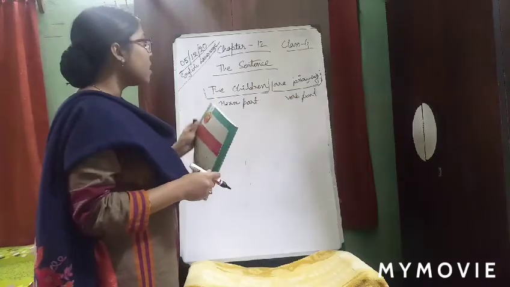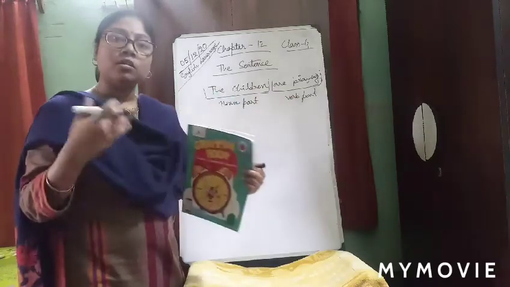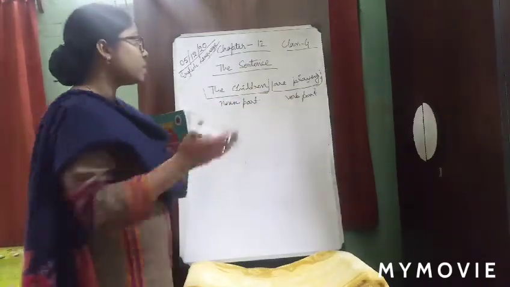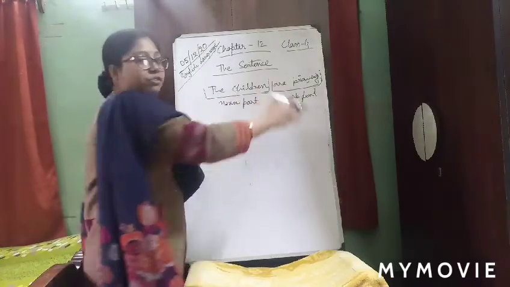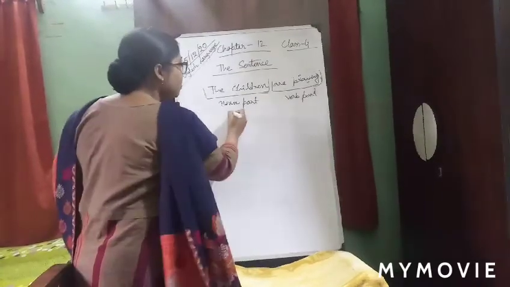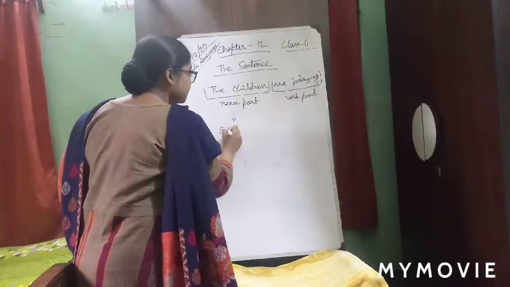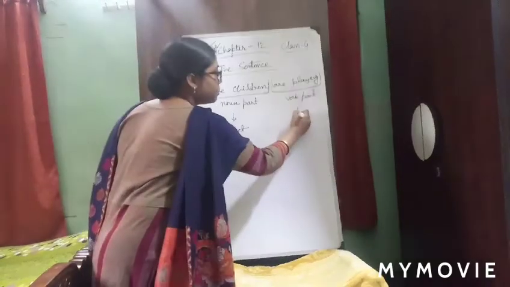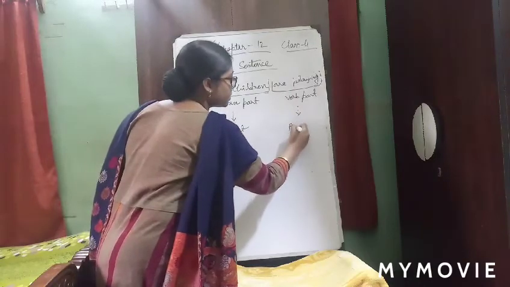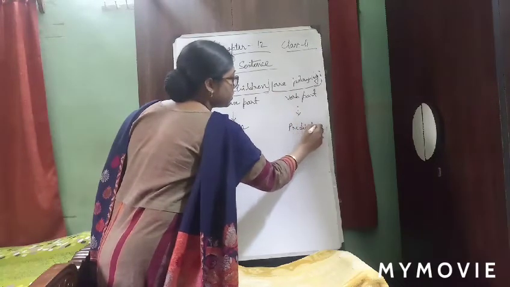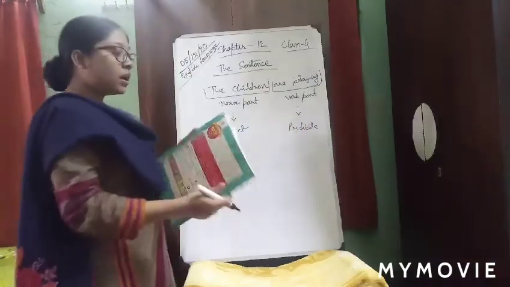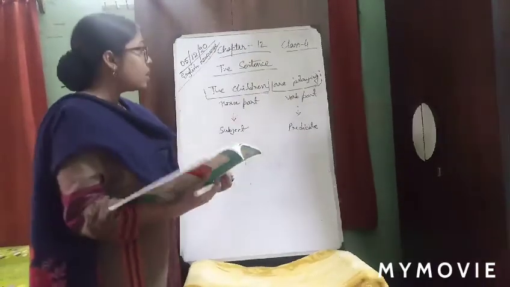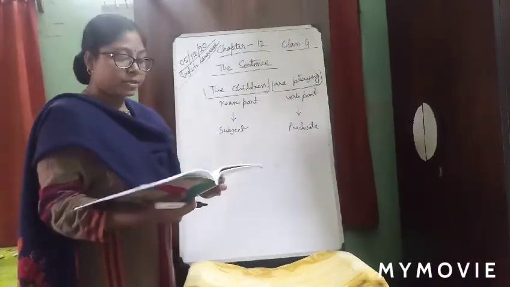The noun part always will get the noun or the pronoun. But a verb part always starts with a verb. This noun part is known as the subject, and this verb part is known as the predicate. Subject means the noun part, and the verb part is the predicate.